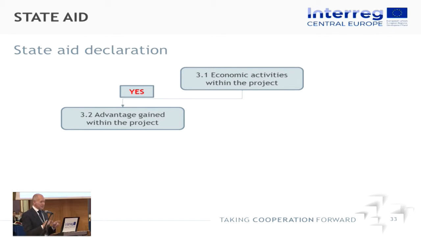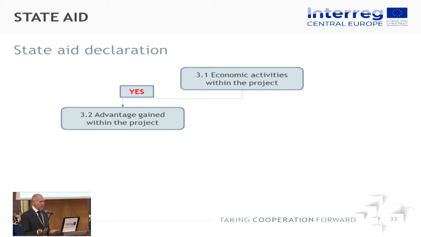Keep in mind that section 3.2 is not to be filled in if you marked no in all the questions under 3.1. When we published the call, this was not so clear in the declaration template. Therefore, last week we issued a new version of the declaration.